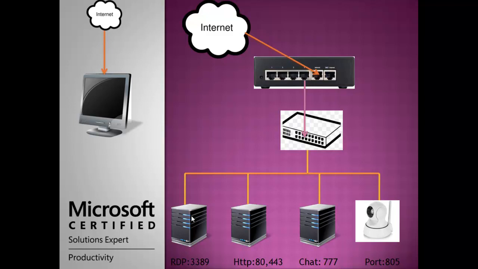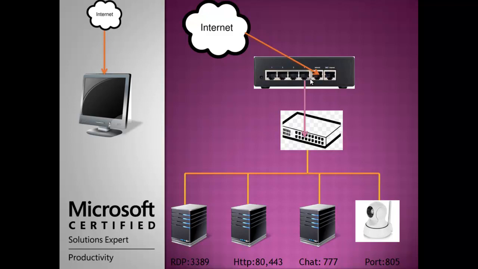That means you are on the outside internet, you are not in this location, and you want to access this computer, and you have only one public IP. Port forwarding also saves our public IP.